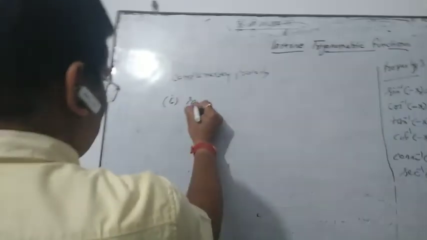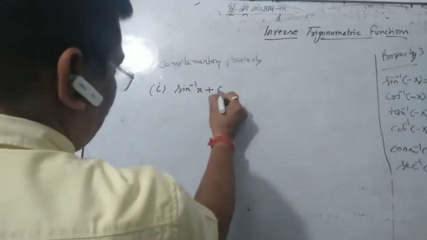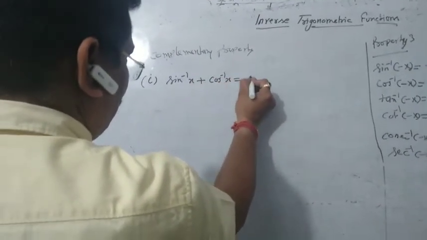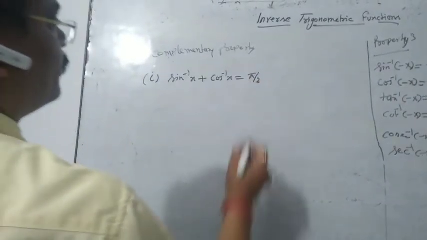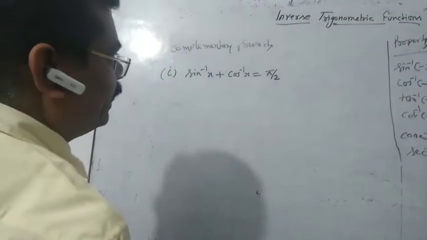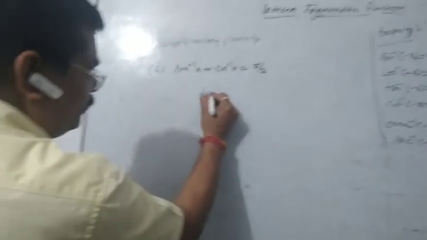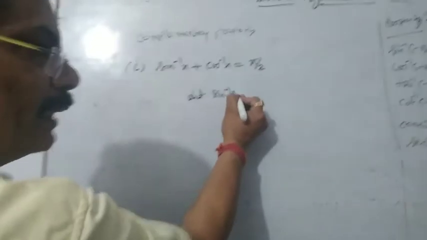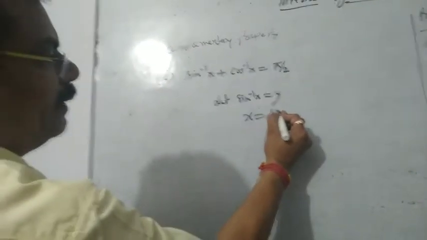sin inverse x plus cos inverse x is equal to pi by 2. How can you prove that sin inverse x plus cos inverse x is equal to pi by 2? Let sin inverse x be equal to y, then x is equal to sin y.